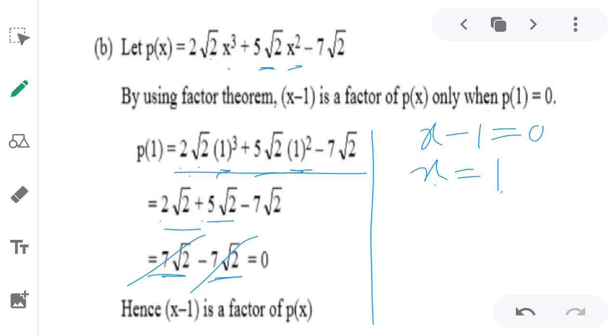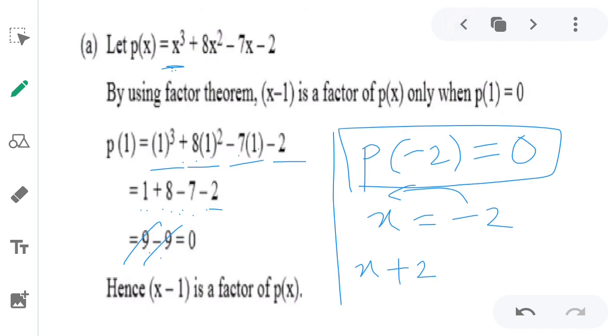So this is how, when a polynomial is replaced with some number, if you obtain the result as 0, then we take the value to the other side of the x and change the symbol, and we say that that is a factor of the given polynomial.